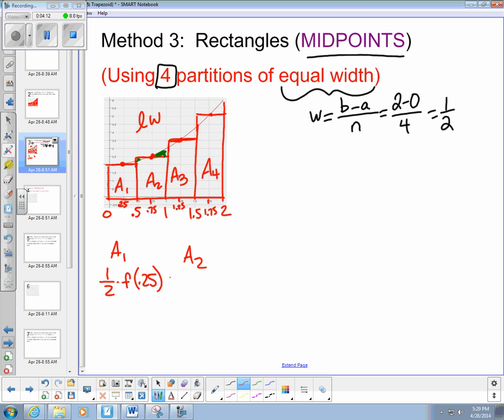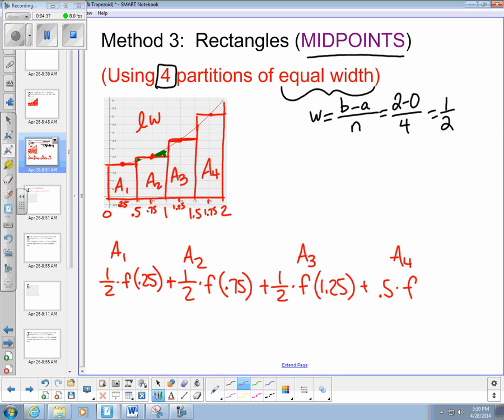For the second rectangle, our width is still 1/2 because they all had equal width, but now it's times f of 0.75. Okay. And then we do 1/2 times f of 1.25 for the third rectangle. And then the fourth rectangle is again 0.5, but now it is the y value when x is 1.75.